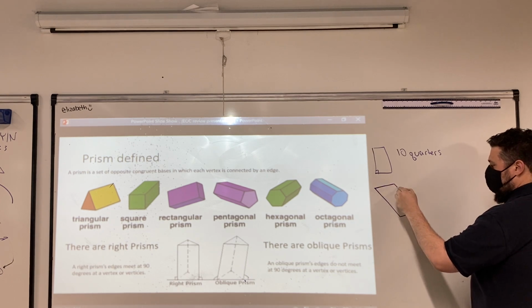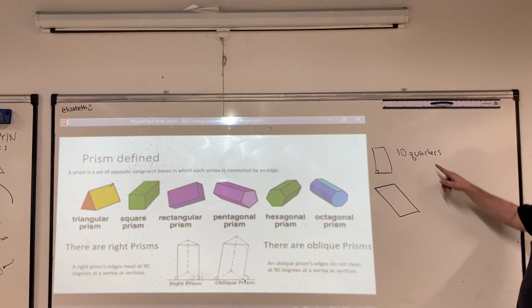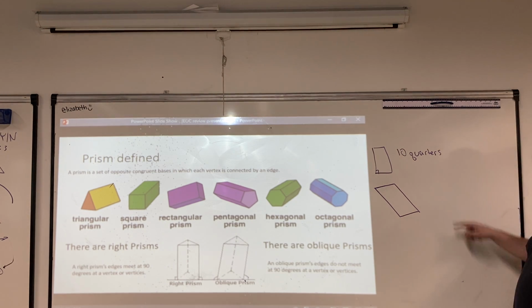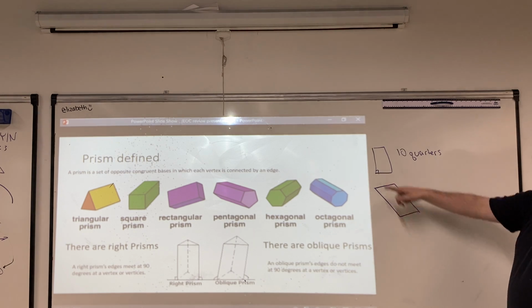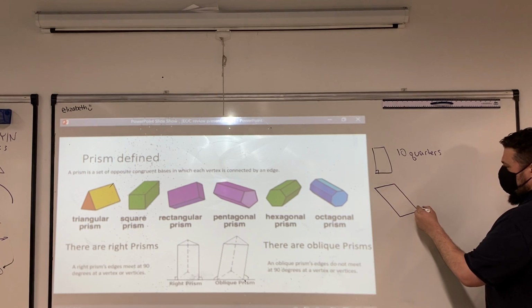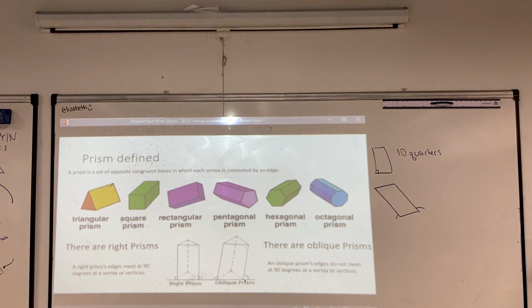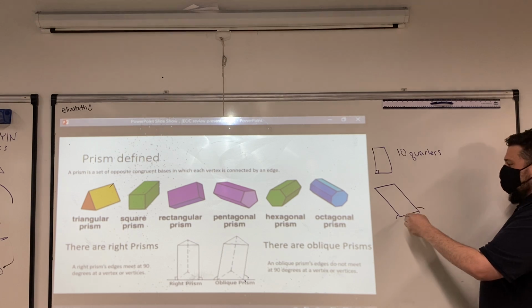Yes, sir. So then, Varun tells me, hey, your 10 quarters are worth $250. I go to the bank and they say, here's your $2.50, sir. Out of frustration, I hit my quarters and they're no longer straight, right? They're oblique. Does that change the amount of metal I needed to make 10 quarters? No.